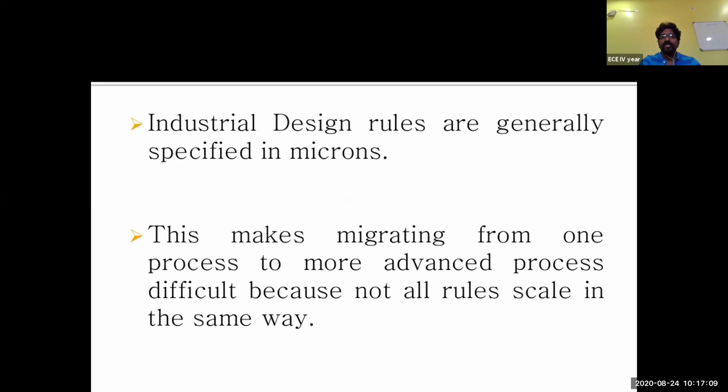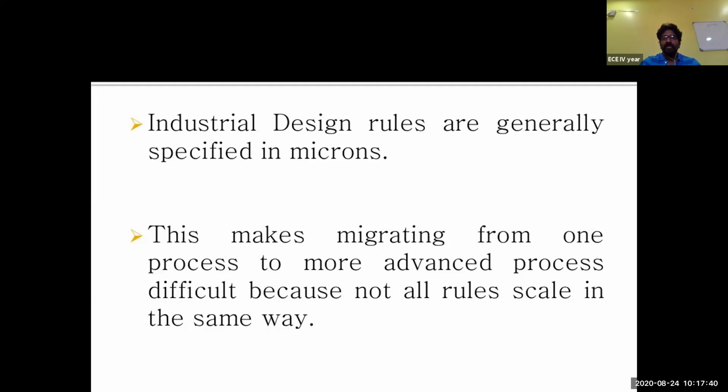Industrial design rules are generally specified in microns, and this makes it possible to migrate from one process to another process. If you're using 180 nanometer, and you want to convert that layout into 90 nanometer, the same design can be migrated from 180 nanometer technology to 90 nanometer. So it will be easy for the software to adjust the micron technology or lambda-based technology to move from one technology to another. That's the main reason why they use layout design rules.